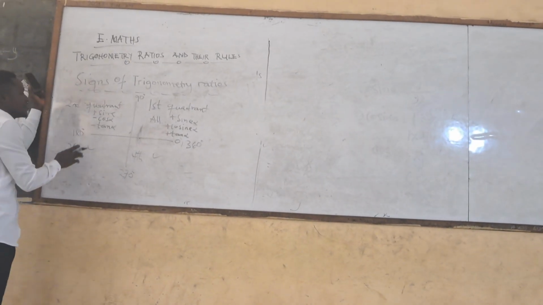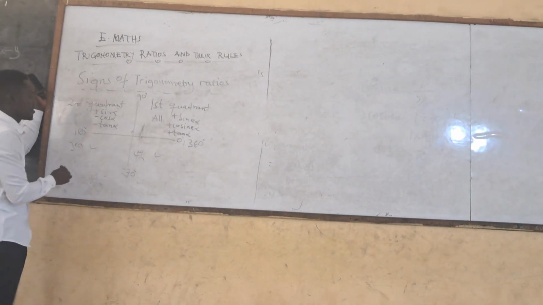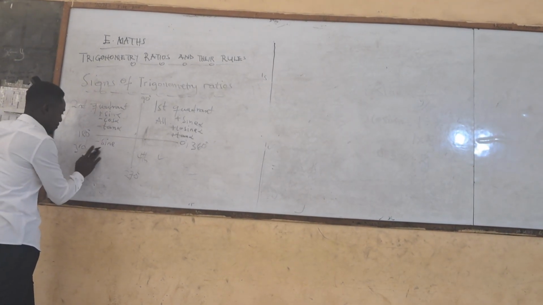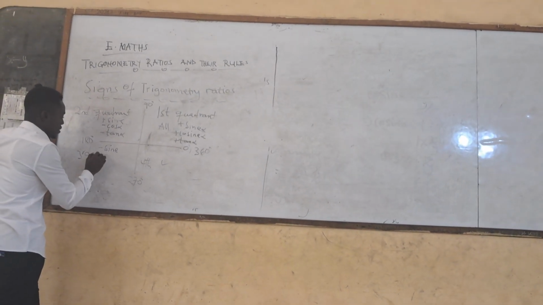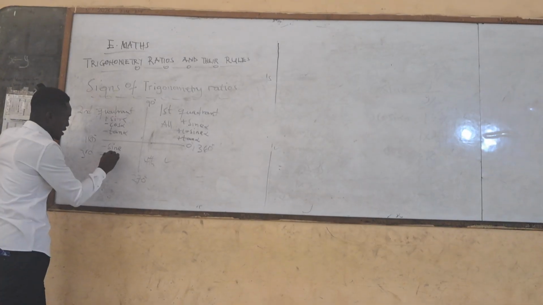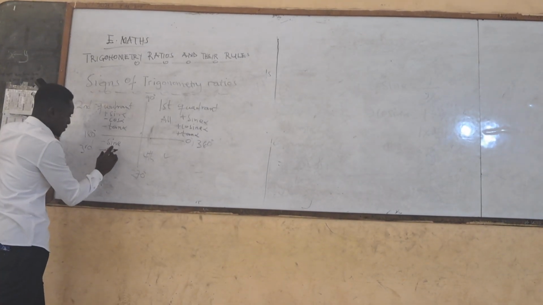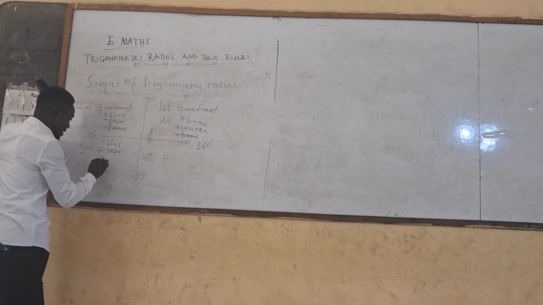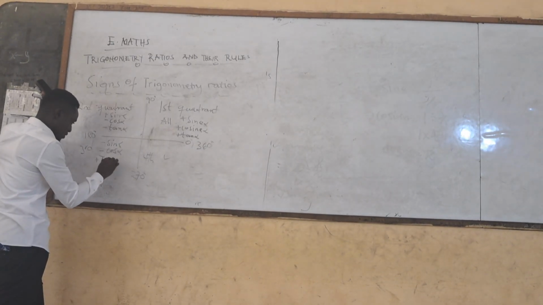In the third quadrant, sine is negative, cos is negative, and tan is positive.